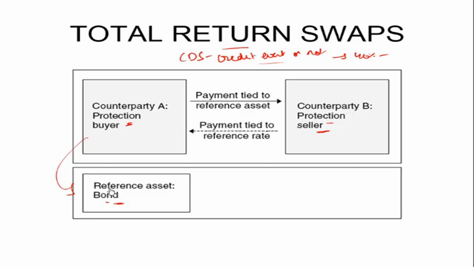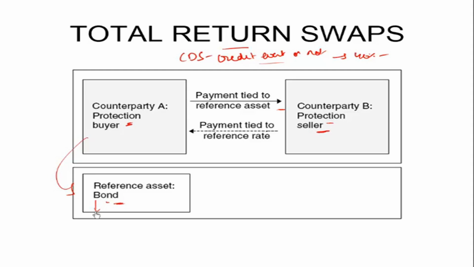So whatever is the return on this bond, the positive coupons, any appreciation in value, will be given by the protection buyer to the protection seller, and in exchange the counterparty, or the protection seller, will give the protection buyer a fixed rate. So in effect, he has swapped his position in this bond for a fixed rate normally linked to LIBOR.